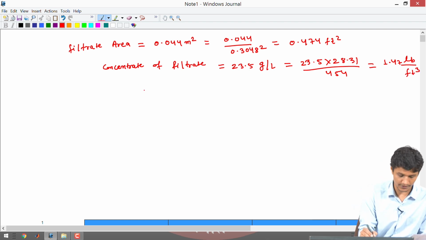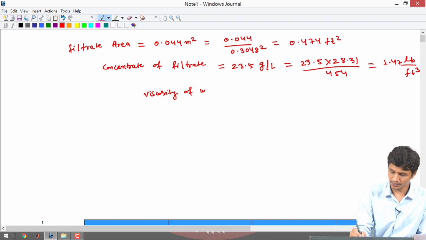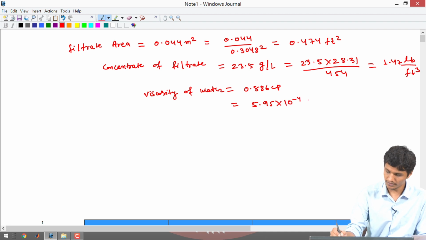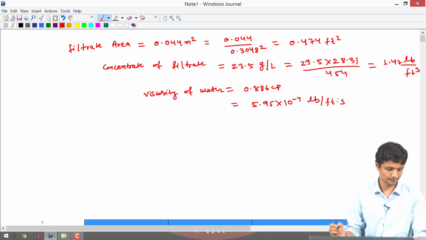Similarly for the viscosity of water, 0.886 centipoise equal to 5.95 into 10 power minus 4 pound per foot second.